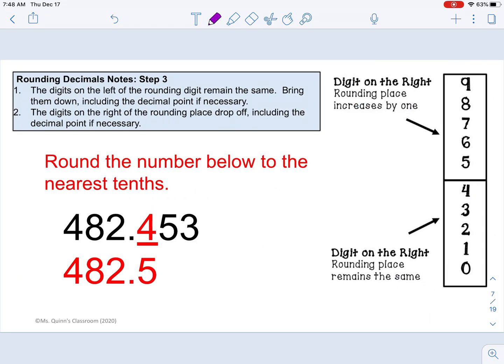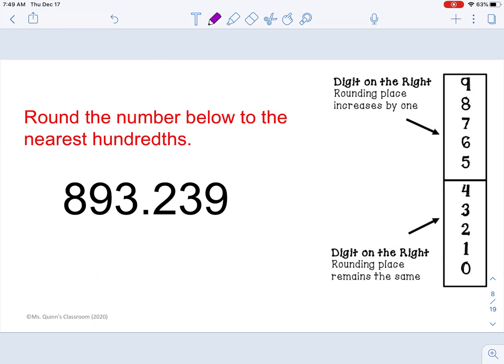Okay, so this 4, we rounded up to 5. And because we're rounding to the tenths place, we don't do anything with the numbers that come after it. Rounding is a way to get rid of so many digits and stop it somewhere shorter. Let's look at some more examples.